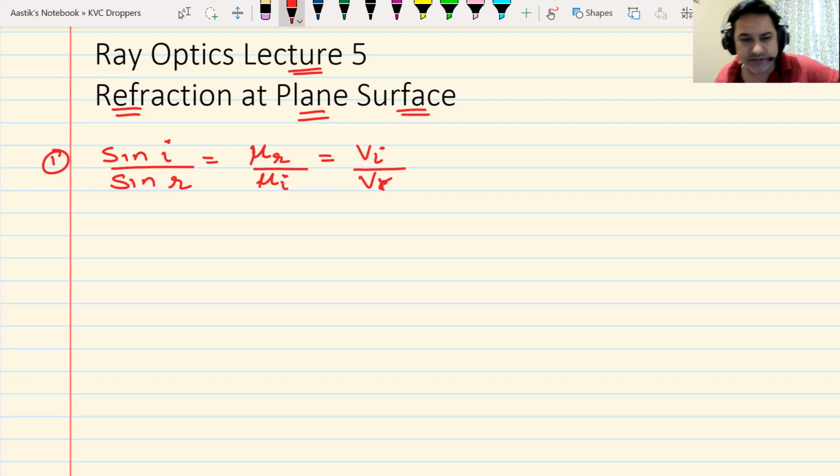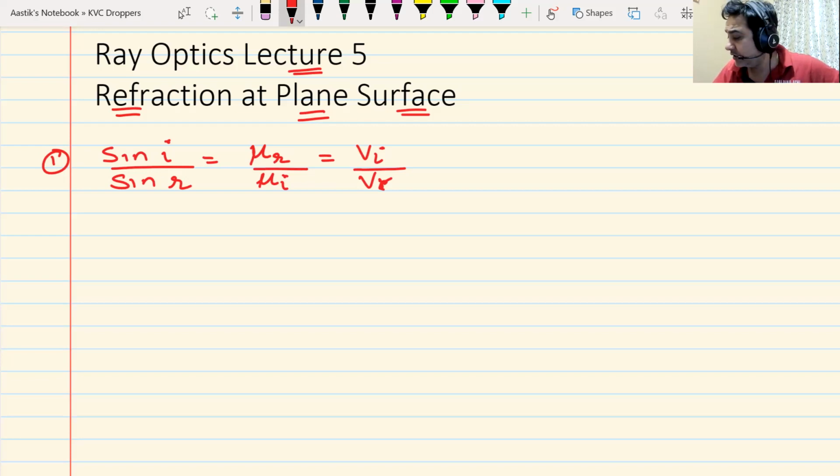And the last thing I think that we saw was the shift. When I say the shift, what do I mean? When you have an object on the other side of a slab and you are viewing from the second side, you will always see that the object is shifted.